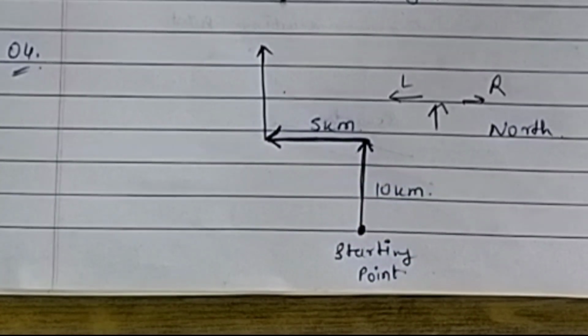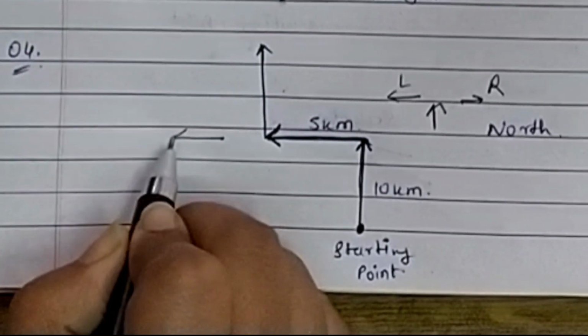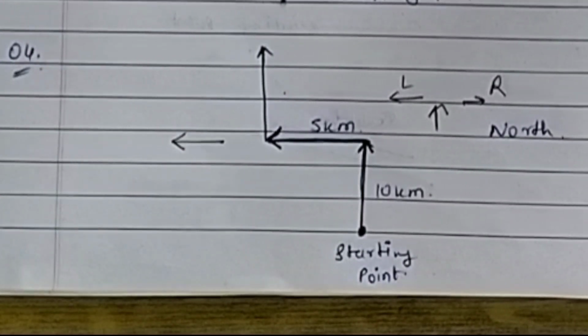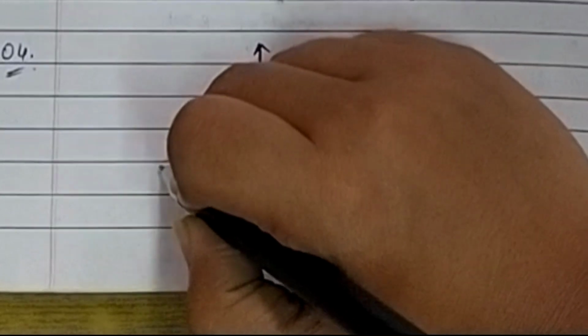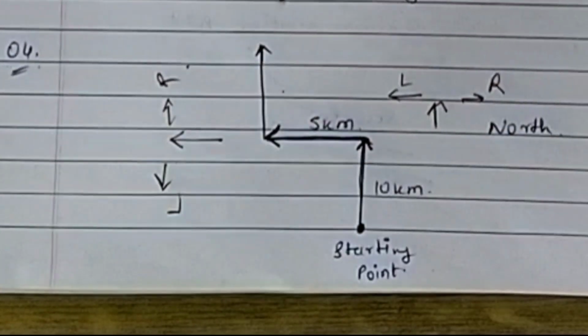So after meeting one of his friends, he took right turn again and continued to drive for another 10 kilometers. So by facing the west direction, left will be like this and right will be like this.